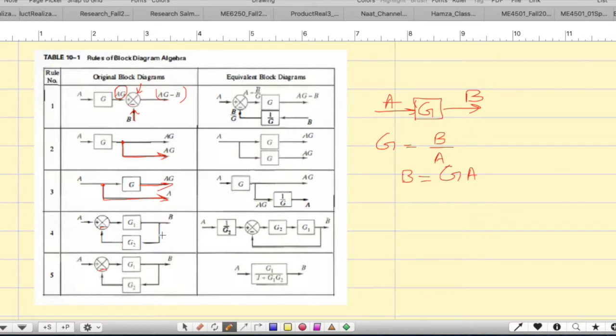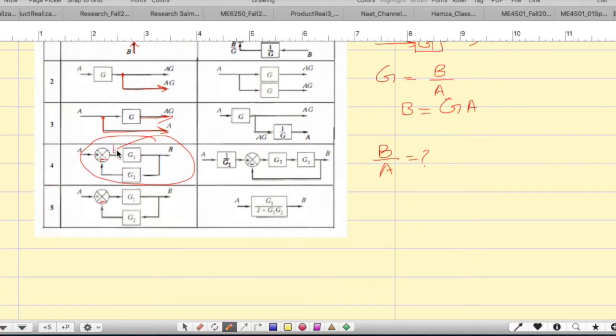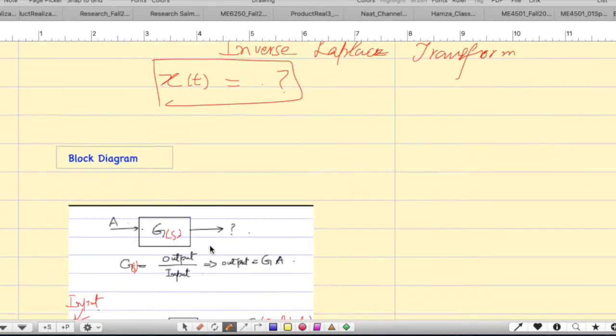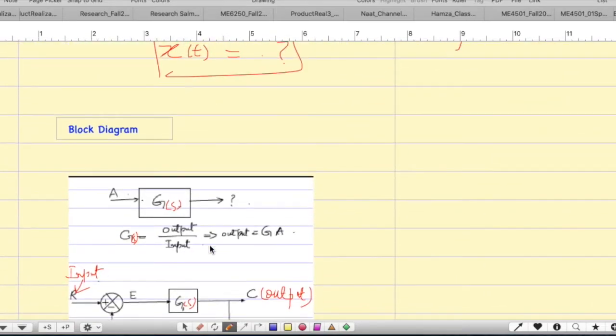So let's do this. How would you find the equivalent B over A for this case? What I would do, this is the error. So let me start from this diagram which I explained here. Did I explain it here?